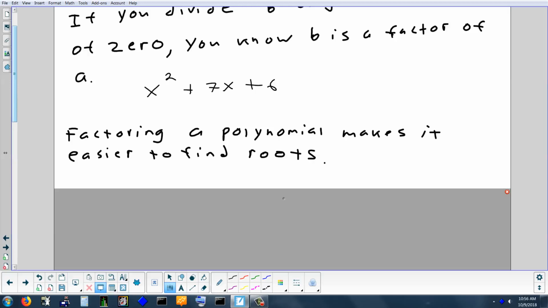Well, it's not super easy when you look at it that way, but if you think of it this way, x plus 1, x plus 6, now it's, oh, negative 1, negative 6. So factoring makes it easier to find the roots. That's why we do it.